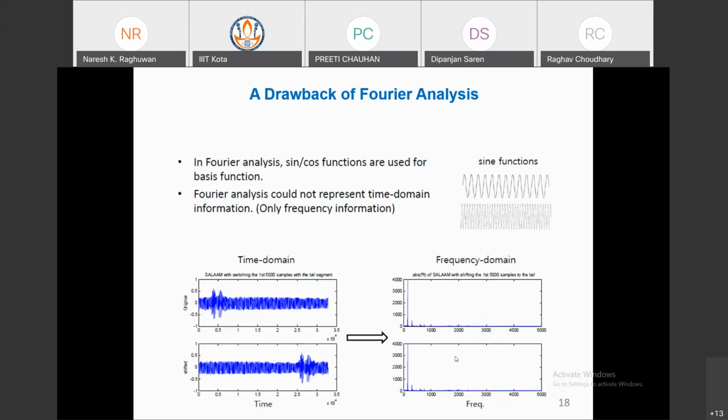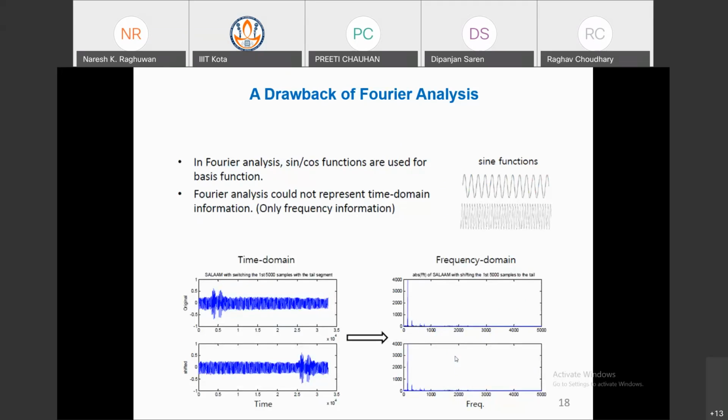In Fourier analysis, sine and cosine functions are used as basis functions. This is the sine wave. For simplicity, we can say the vibrations are in the form of a sine wave, but in actual signals some rectangular pulses will be there.